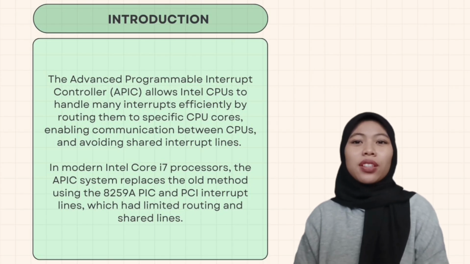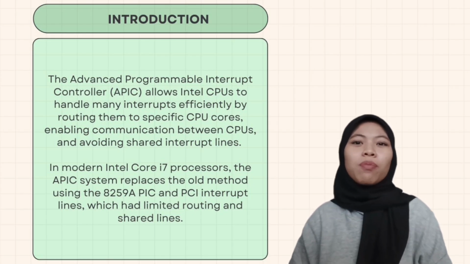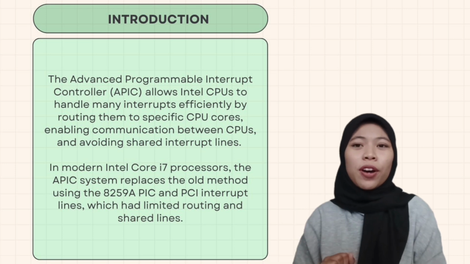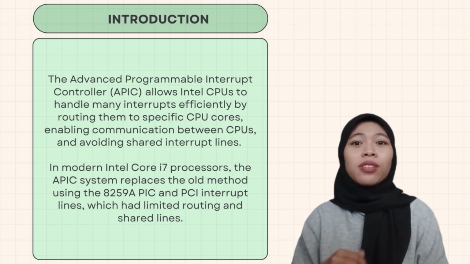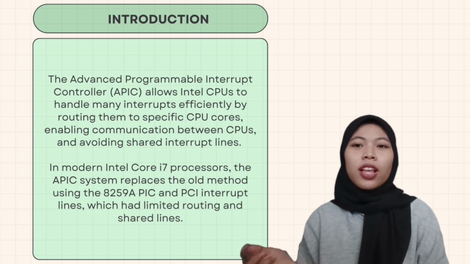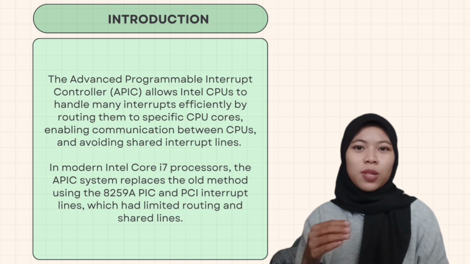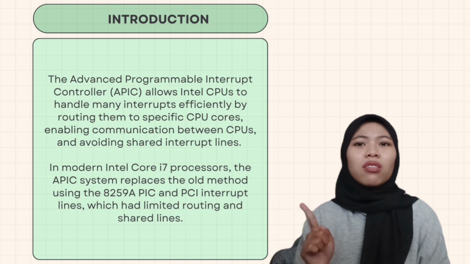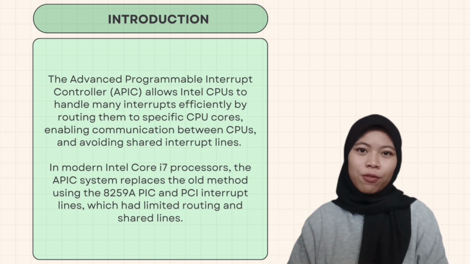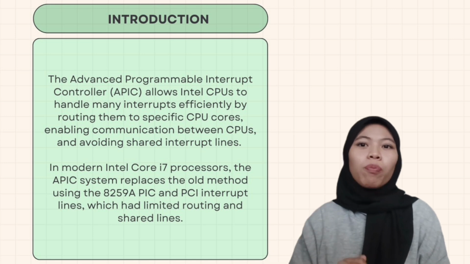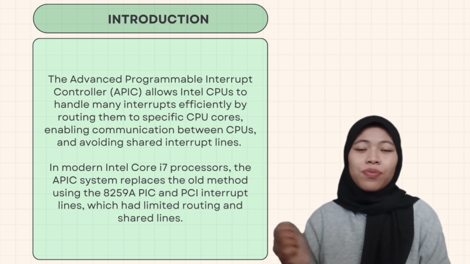A system interrupt is a signal that temporarily pauses the CPU's current task so that it can respond to an urgent event like a keyboard press or USB input. Interrupts are critical for real-time responsiveness, instead of checking or polling for changes.